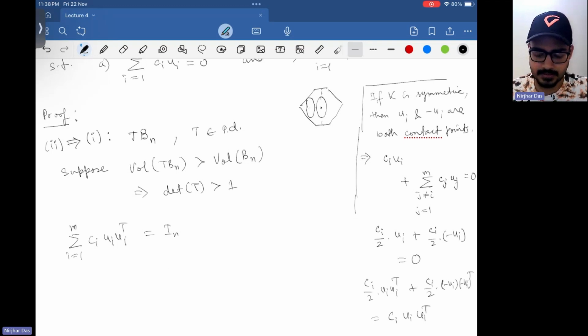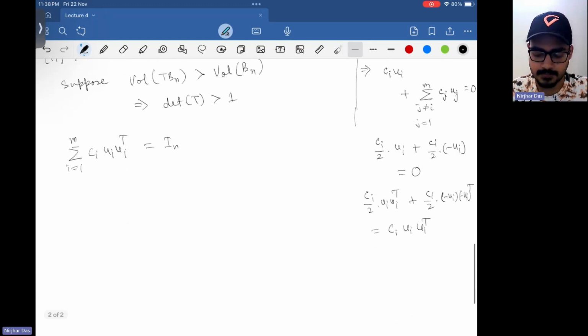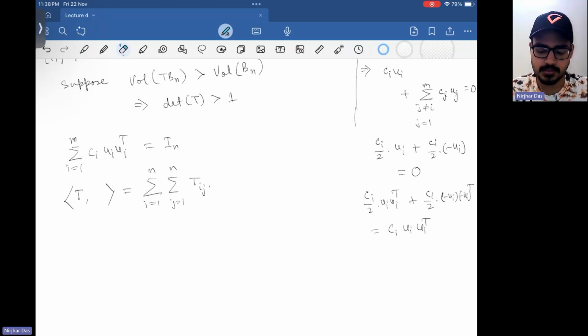Now let's look at this quantity, T inner product In, which we will define as the summation i equals 1 to n, j equals 1 to n, of T ij times, I mean, let me just define this for a general matrix, S ij, right?